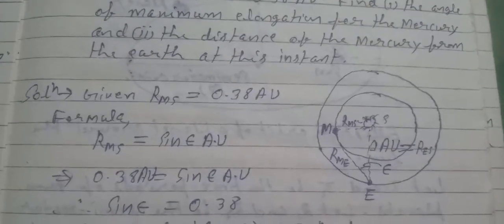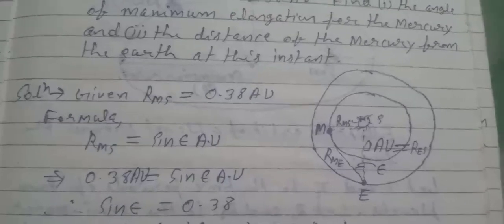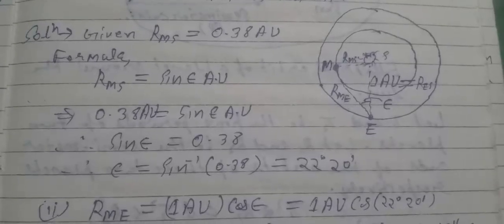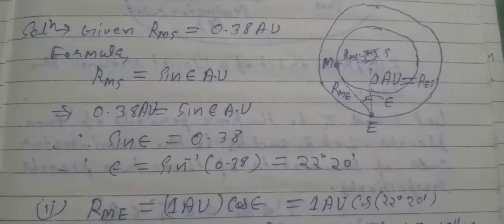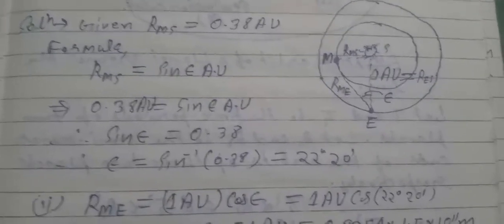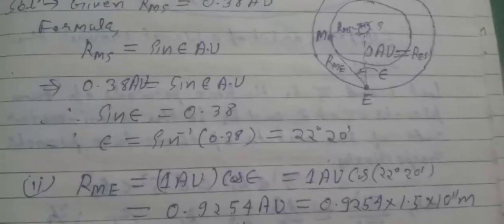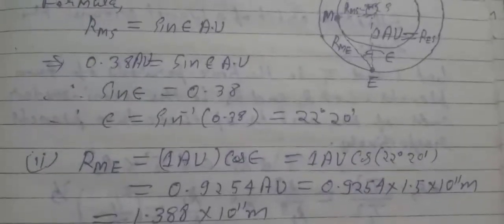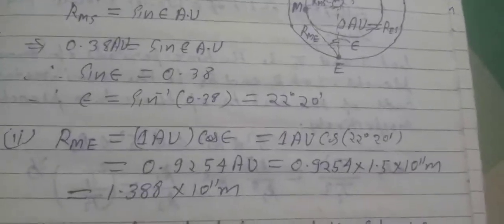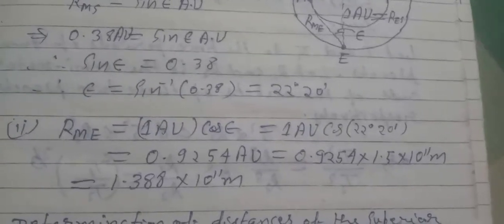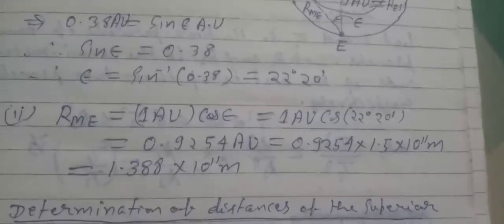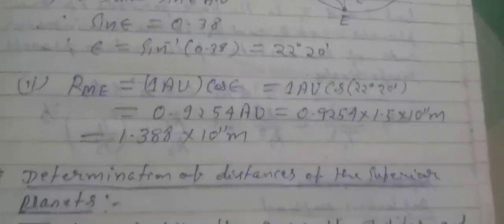Now using the formula we have R_MS equals sin E into AU. This implies 0.38 AU equals sin E into AU. So sin E equals 0.38, or E equals sin inverse 0.38 equals 22 degrees 20 minutes. Second, R_ME equals 1 AU into cos E, 1 AU into cos 22 degrees 20 minutes. Solving we get 1.388 into 10 to the power 11 meter.